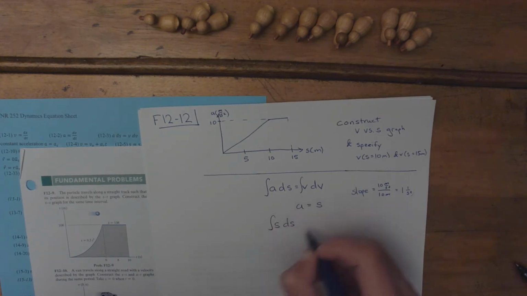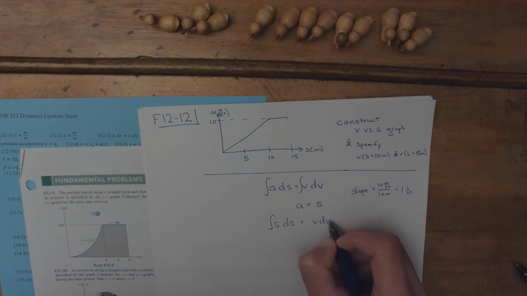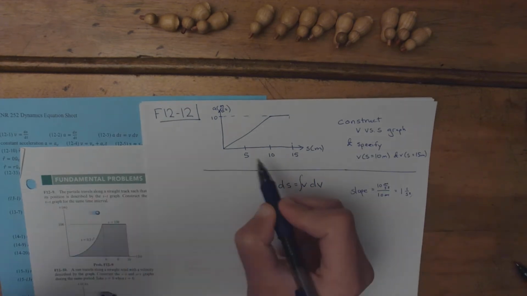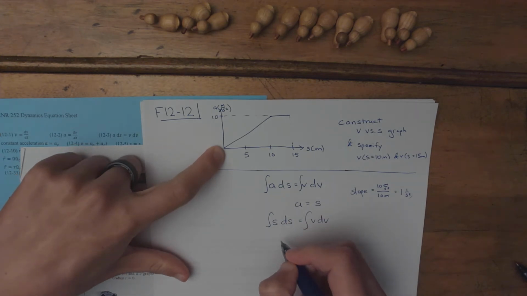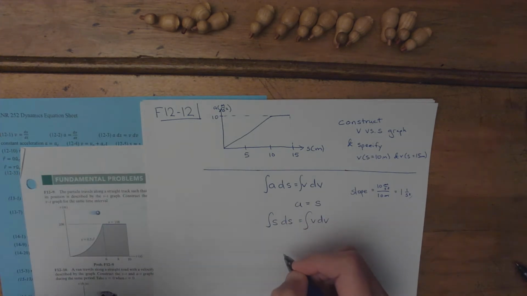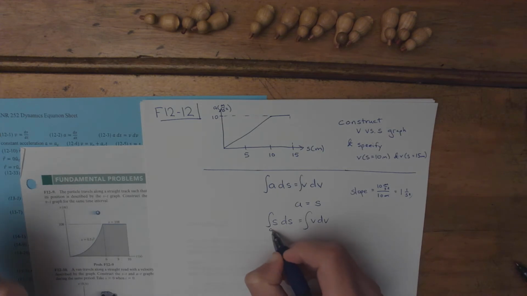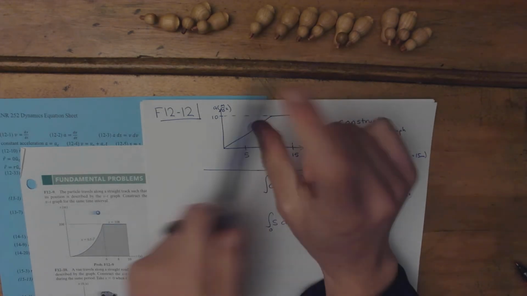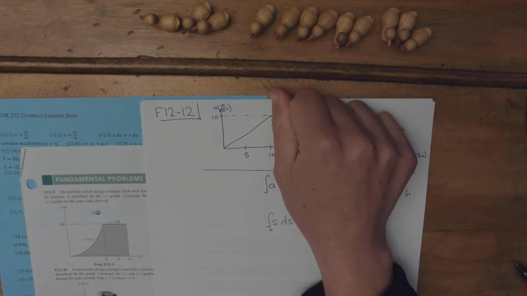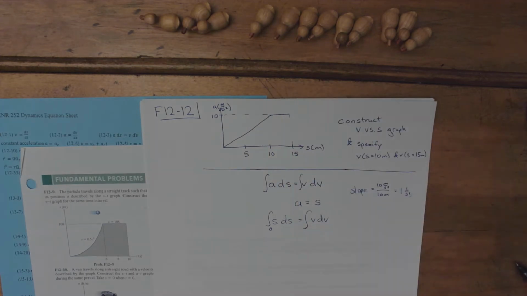So now I have s ds is equal to v dv. I'm going from 0 to 10 for position, but I don't want to put in the upper limit of integration as 10. If I did that, that would just give me the area under the curve. And if I was looking for the area under the curve, I really don't need to integrate to do that because I could just find the area under this curve by looking at the graph and doing the area of a triangle.